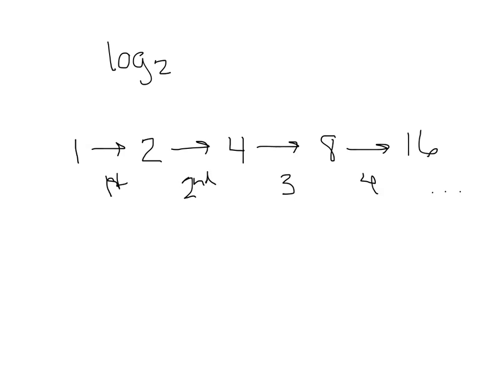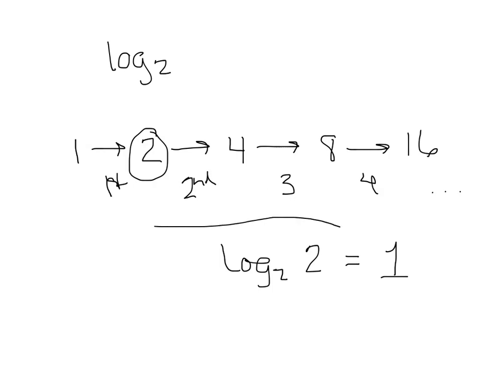So let me say that in a different way. Let's look at the number 2, for example. If we take the log base 2 of 2, it's equal to 1. And that correlates to the first generation. If we take the log base 2 of 16, that is equal to 4.